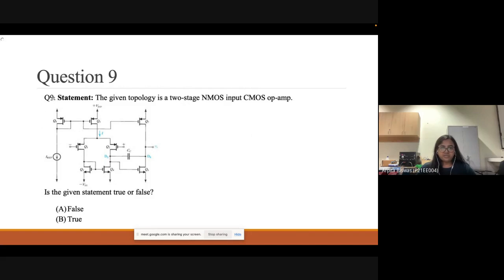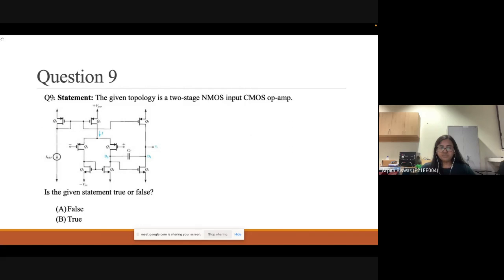Question number 9. The statement: the given topology is a two-stage NMOS input CMOS op-amp.